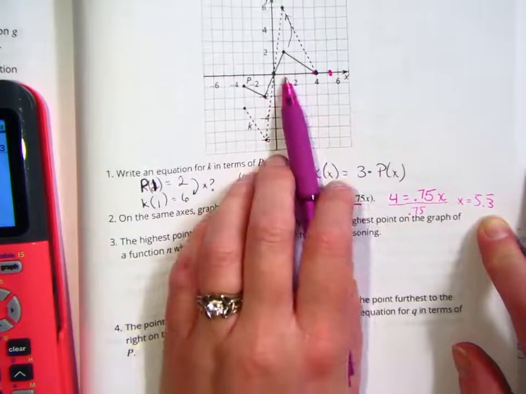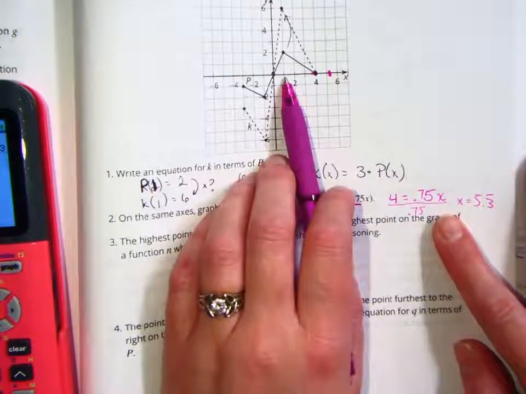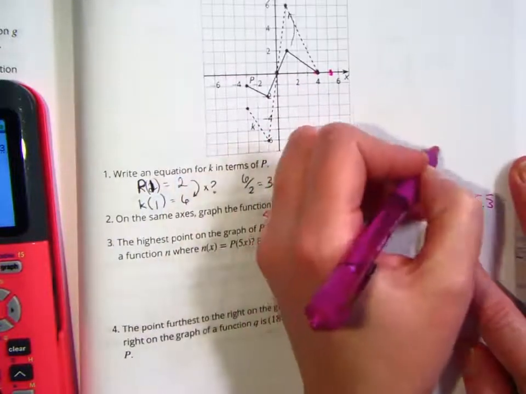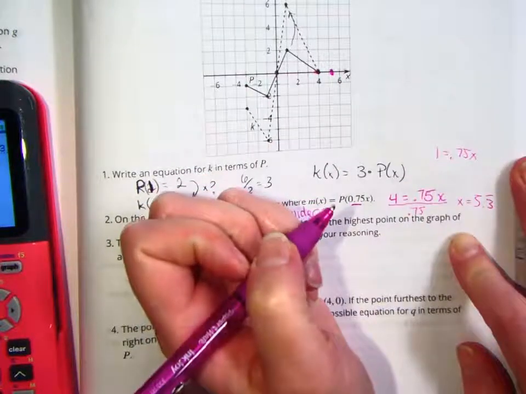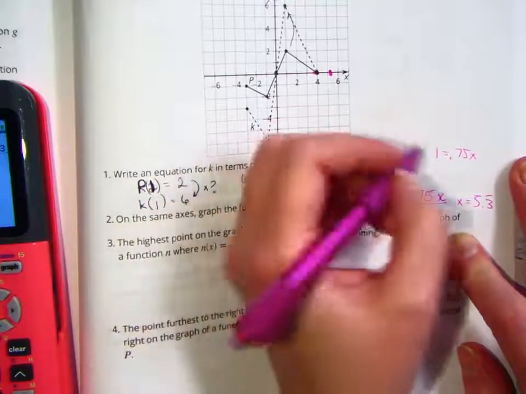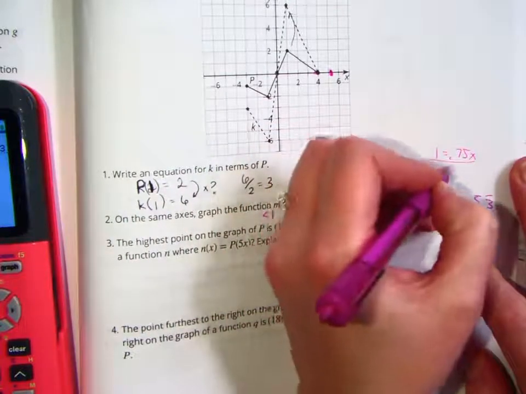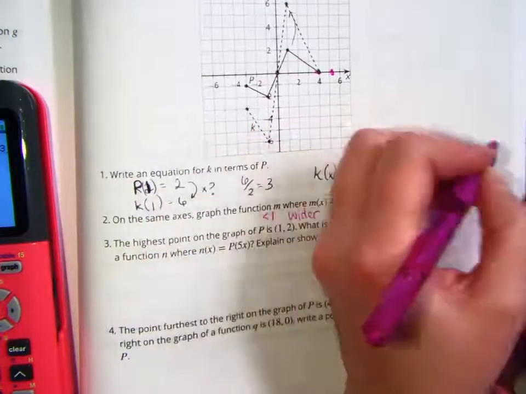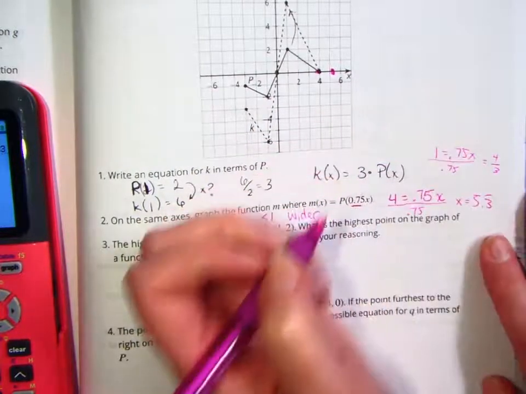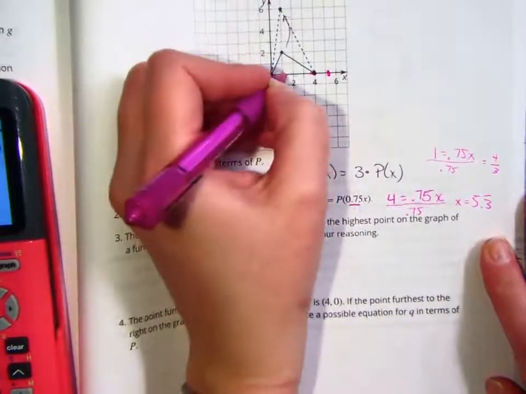What was happening at 1 is now happening, I'm thinking of this like 3/4, is now happening at 4/3, 1 and 1/3.